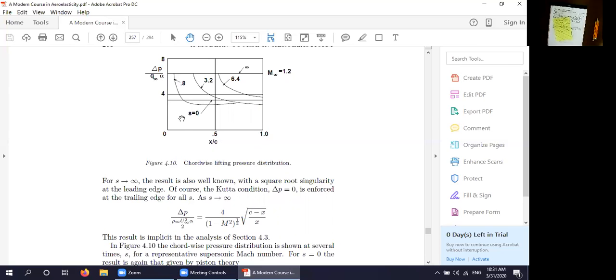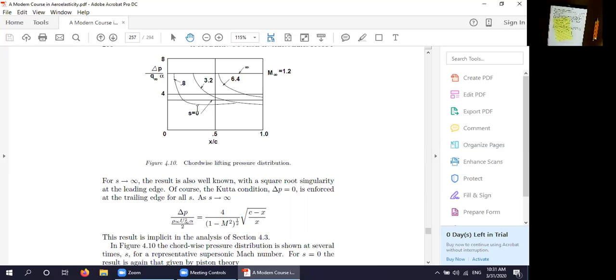And it shows how the pressure varies along the chord, normalized by the chord. So this goes from 0 to 1. This is the leading edge of the airfoil. This is the trailing edge of the airfoil. And it shows you what the results look like for different values of non-dimensional time s.